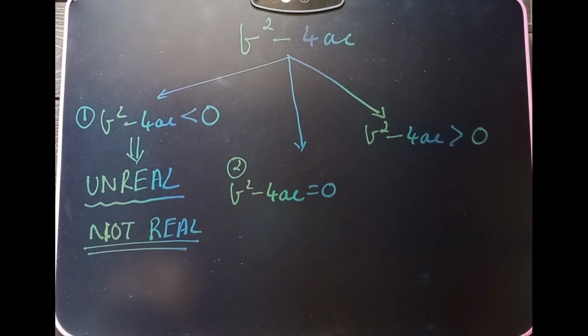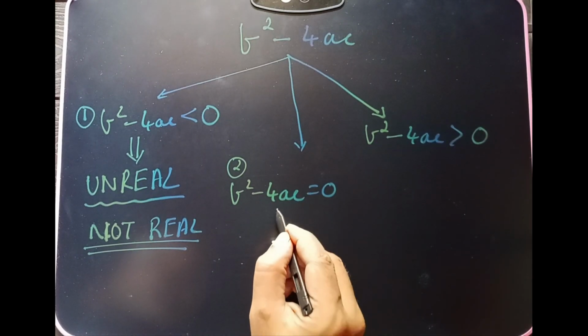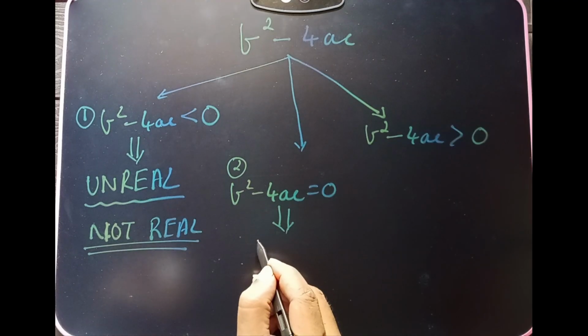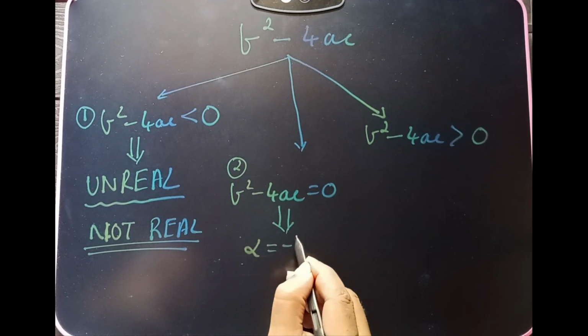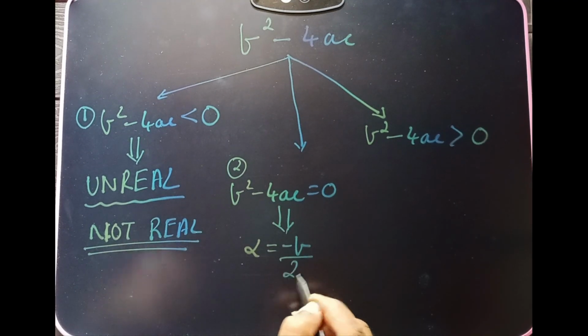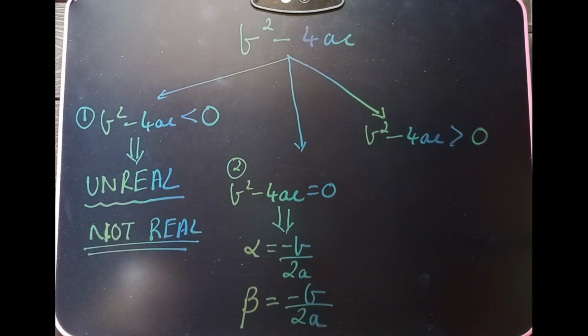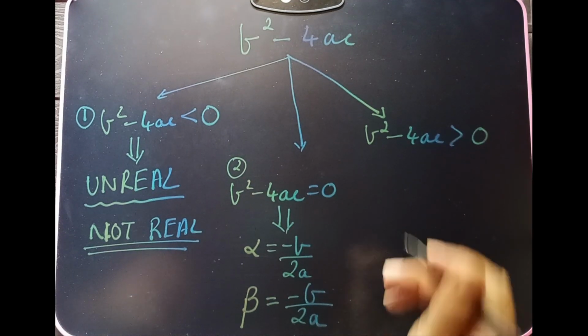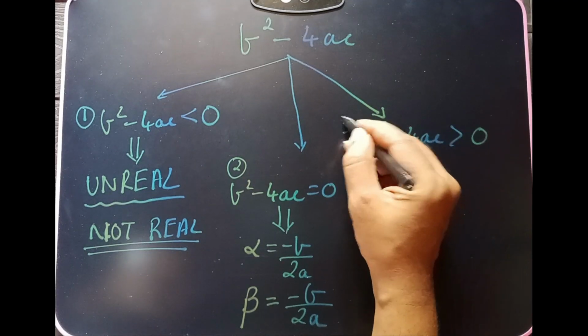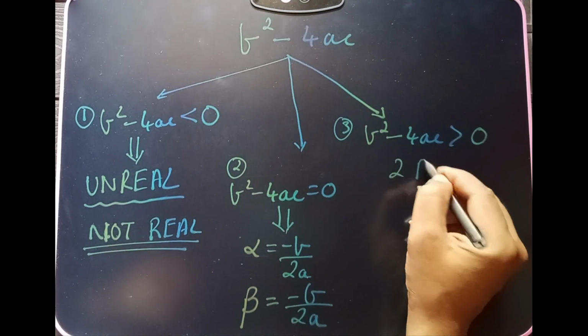And if it is equal to 0, then you'll have the roots alpha equal to minus b by 2a, and the other root also equal to minus b by 2a. And if it is greater than 0, then they'll have two distinct roots.